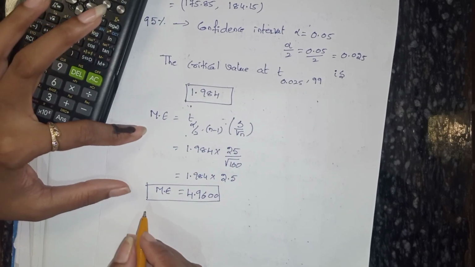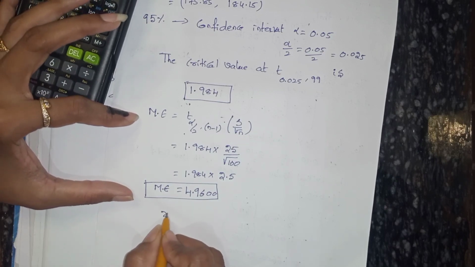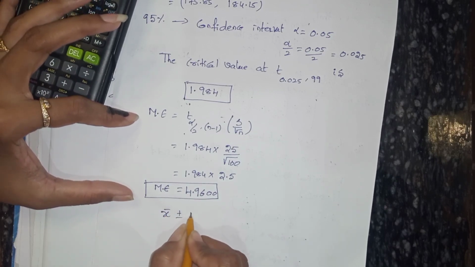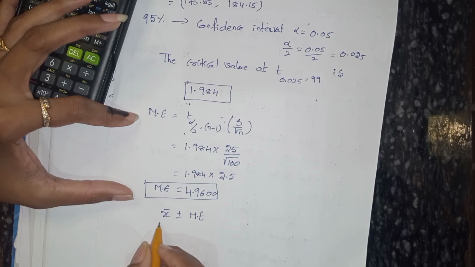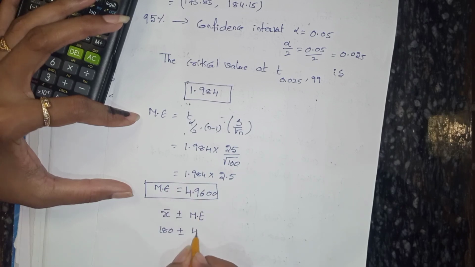So the margin of error is 4.96. Now we have to calculate the confidence limits at 95%. What is the formula? X bar plus or minus margin of error. X bar is 180, plus or minus 4.96.